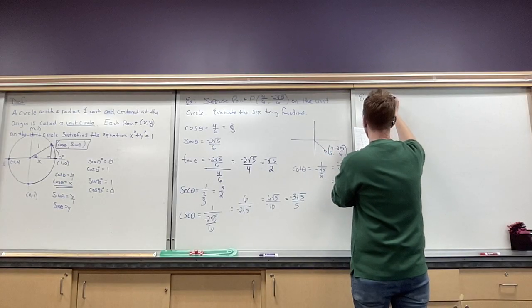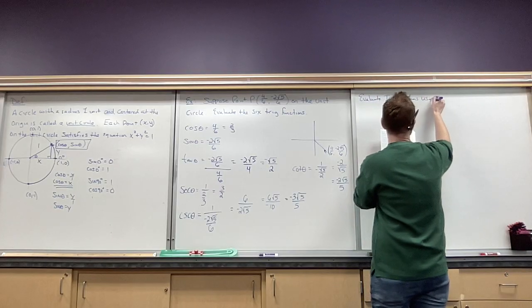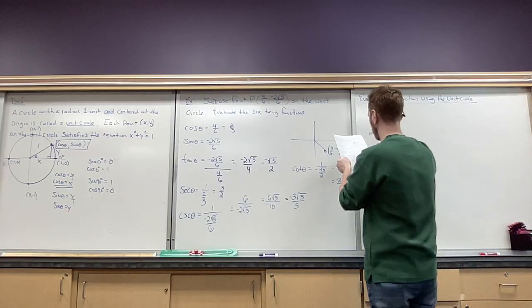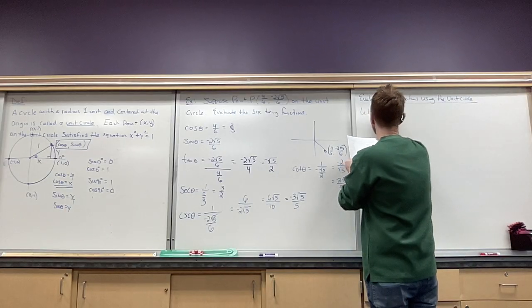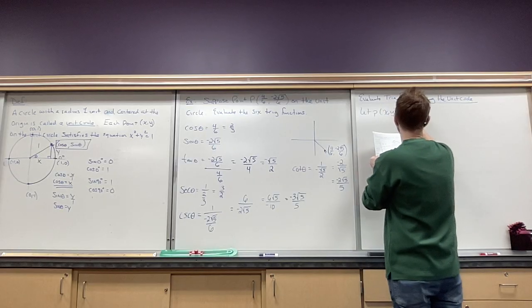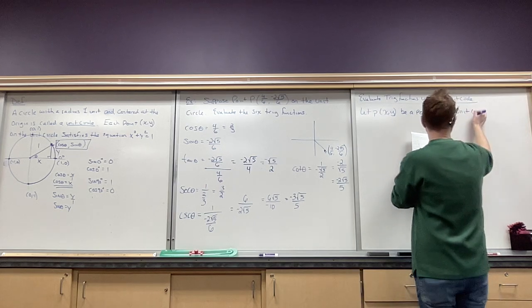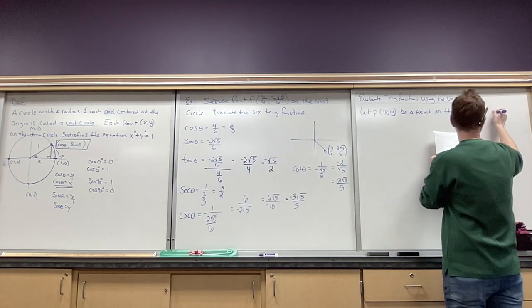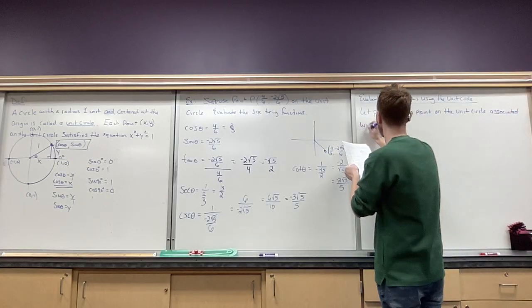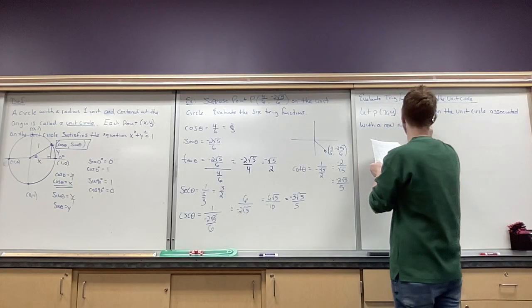So let's start evaluating trig functions using the unit circle. Let point P be some point on the unit circle associated with a real number, we're going to call it t.